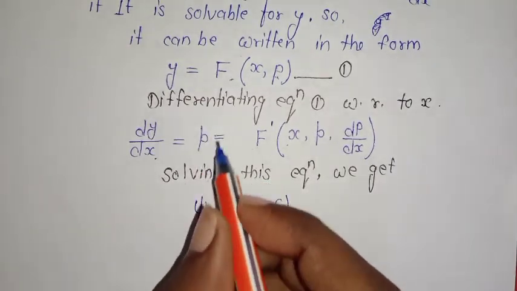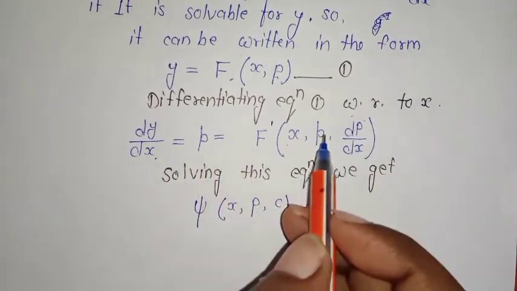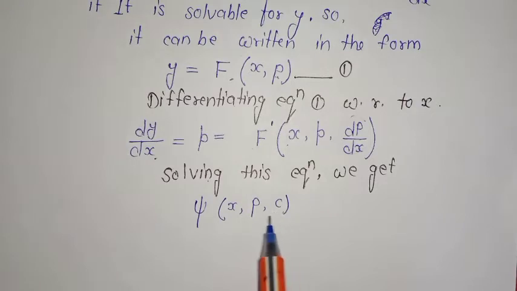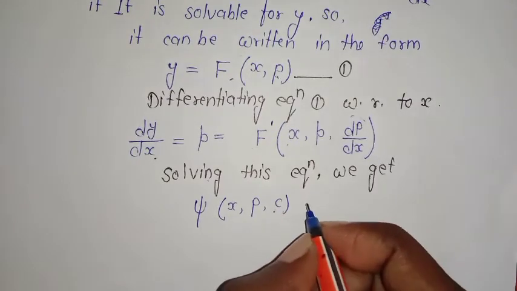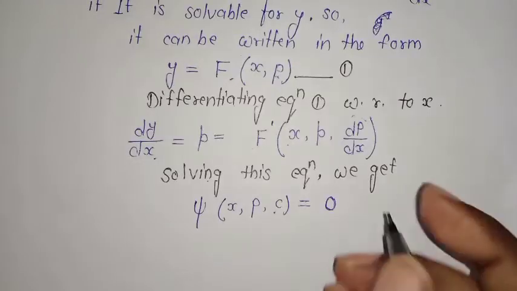Since we are integrating dp by dx, we get an arbitrary constant, the integrating constant c. So after solving this equation, we get a function of this form, which is equal to 0. This is our equation number 2.